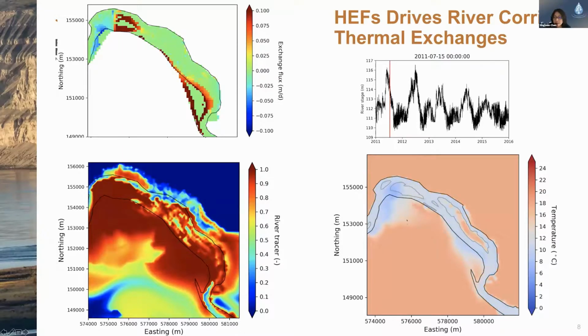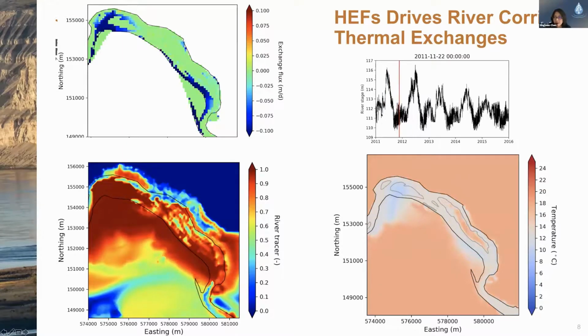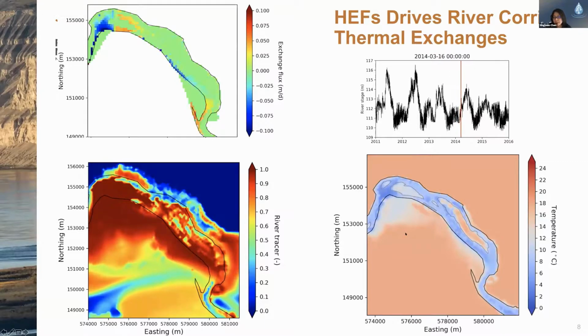And then you can also see how the fluctuations in river temperature are captured by our model, strongly related to the exchanges that we have captured in the numerical model as well. The temperature simulation is very important for biogeochemical reactions because temperature changes the rates of all those reactions.